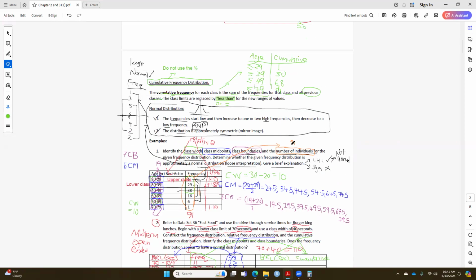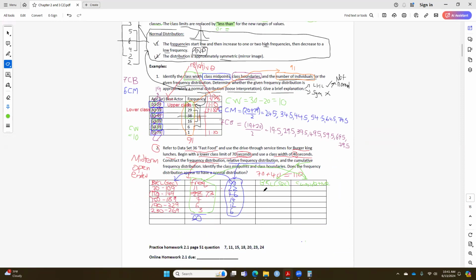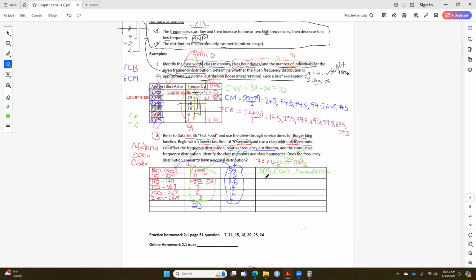If you remember, for the cumulative, you have to use the symbol less than or equal to. So in order to build this cumulative, you use less than or equal to the upper class limit of the first class, which is 109. And you only have 11 frequencies, so we don't have to add anything. It's 11.